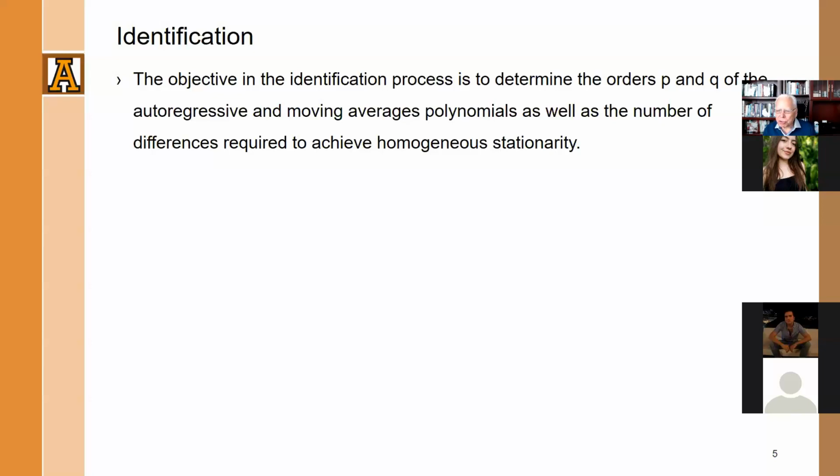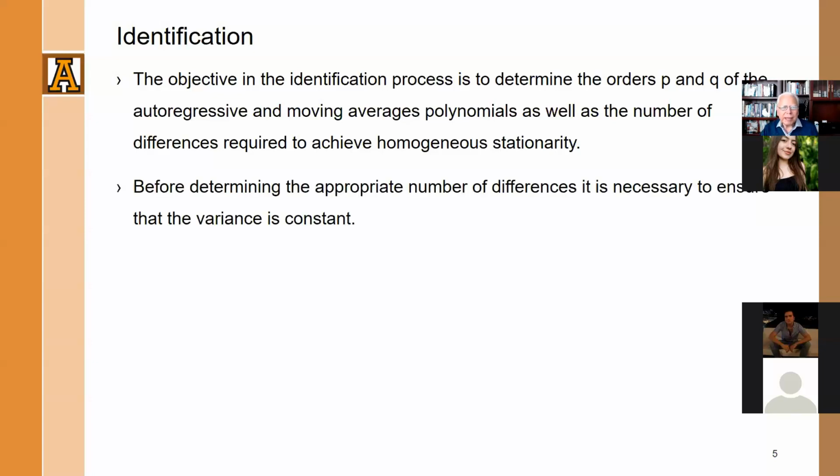But also, and more important than that, we need to identify how many differences we need to take to make the series stationary. Okay, so in the identification, we want to identify the right number of differences first, and then once we have identified the number of differences, we identify the orders of the autoregressive and the moving average part.